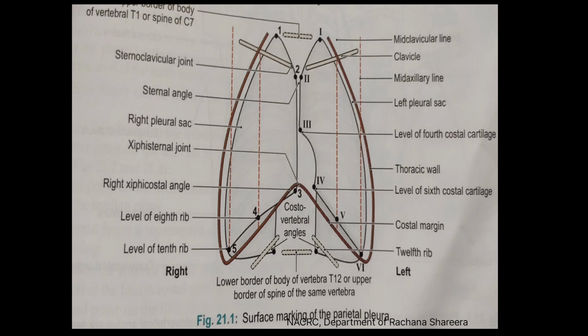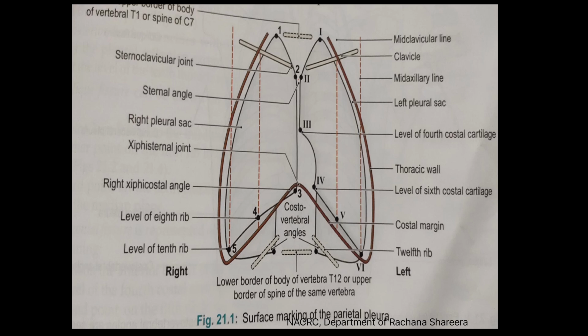Point 1 is the apex part where the cervical pleura starts, then the second point, as we discussed in the last slide, is the sternoclavicular joint, then the sternal angle. Then we discuss the right side of the lung. The third point of the right side is the xiphisternal joint or costal angle.